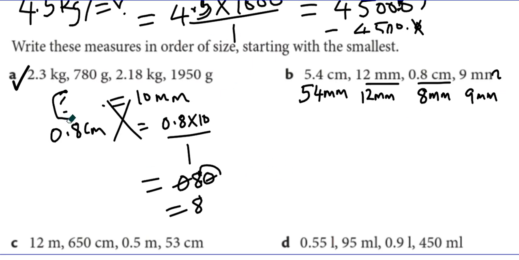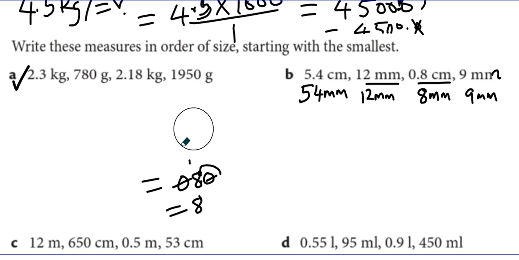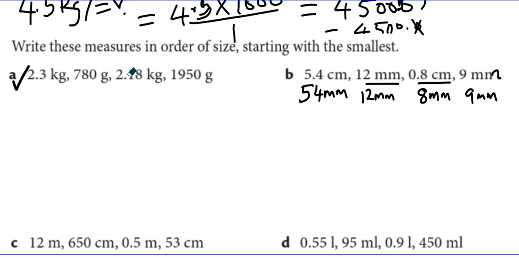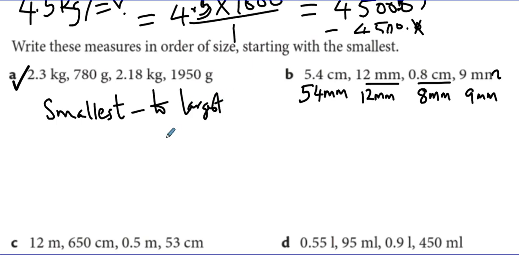Okay, now the question is, write these measures in order of size. In order of size means smallest to largest. Now, since every unit here is expressed in terms of millimeters, now we can do comparison and see which one is the smallest of all.